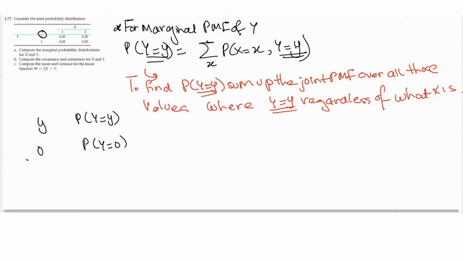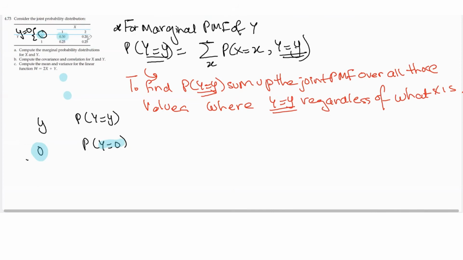Like we said, we're going to sum up the joint PMF over all those values where Y is 0, regardless of what x is. Y is 0 for this row corresponding to 0. So this row corresponding to Y equal to 0 includes all those values of the joint PMF where Y is 0, regardless of what x is.